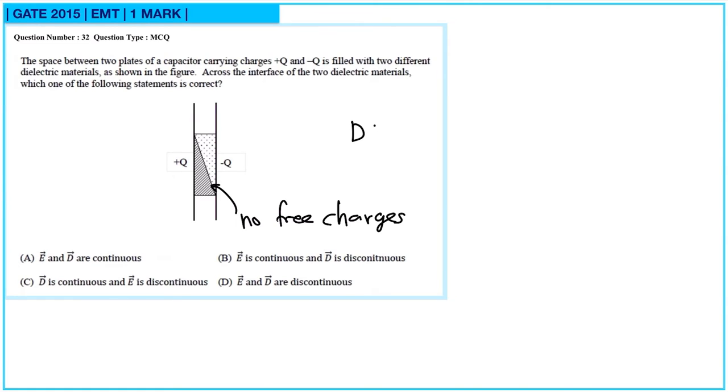D bar we can write, see, the parallel component, or the tangential component, is always continuous. So we have to consider perpendicular components. Now D1 minus D2 perpendicular is equal to the free charge density, but there are no free charges here, so this will be 0. So we can say that D bar is continuous.